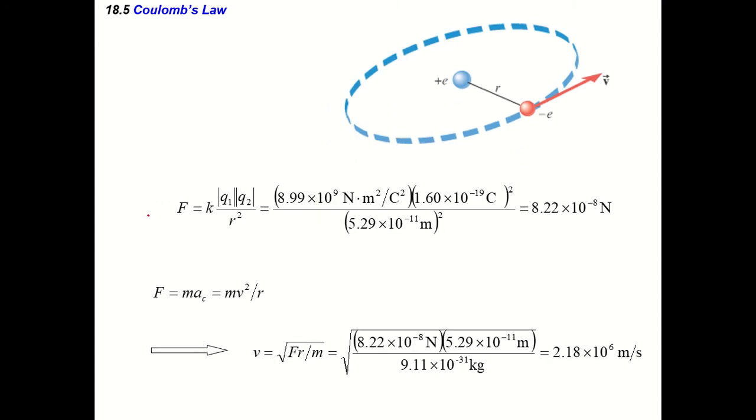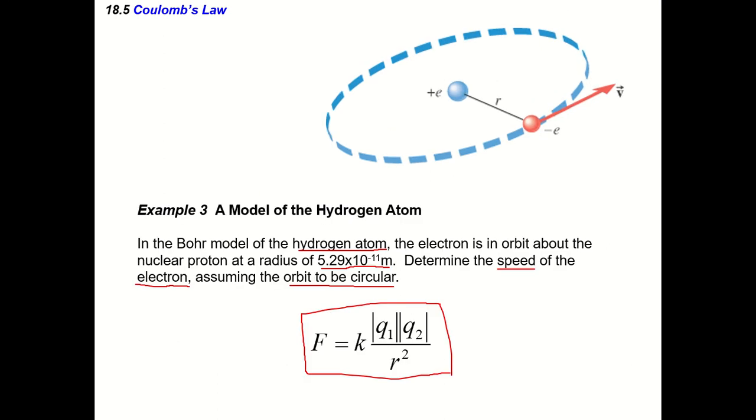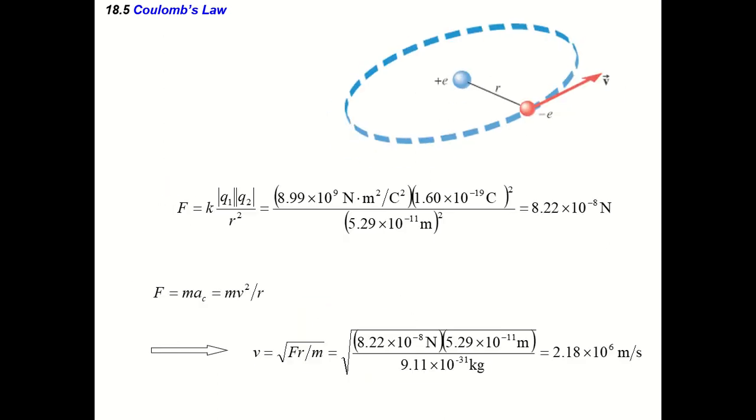So using this formula, F, electrostatic force, is equal to k times the product of the absolute value of q1 and q2, the two charges, divided by the square of the distance that separates them. This is the constant, class.